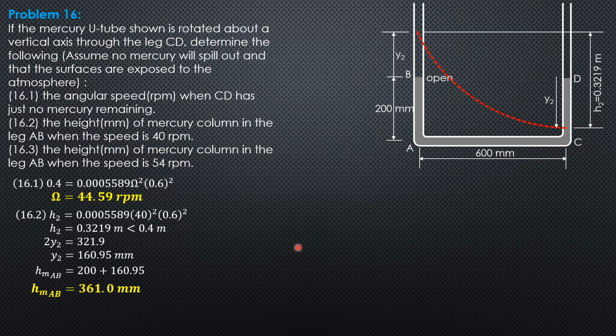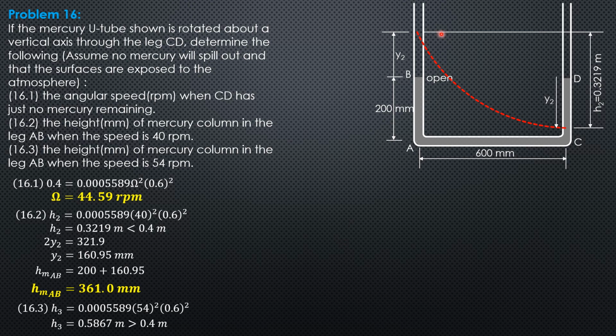Then for part C, the speed is 54 rpm. So definitely there will be no mercury on leg CD. This is faster, so the height expected would be greater than 0.4. H3 is 0.0005589 times 54 squared times 0.6 squared, which is 0.5867 meter, greater than 0.4.